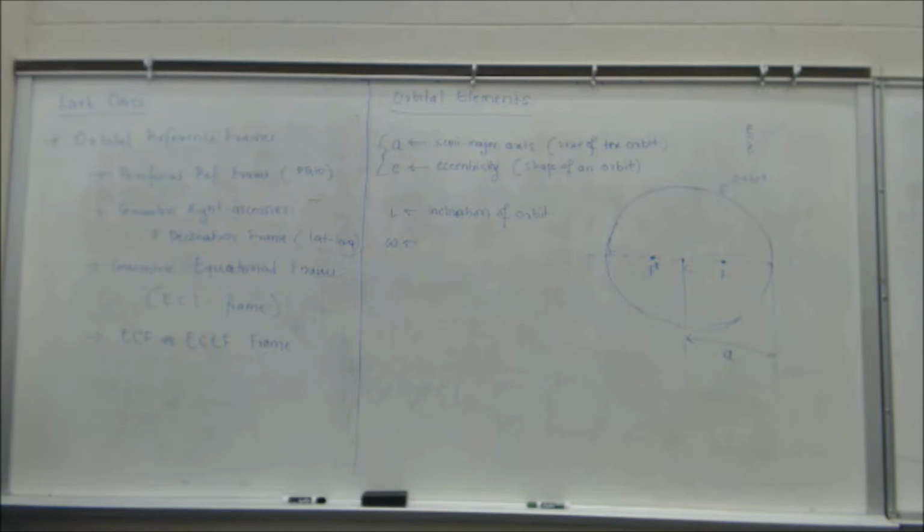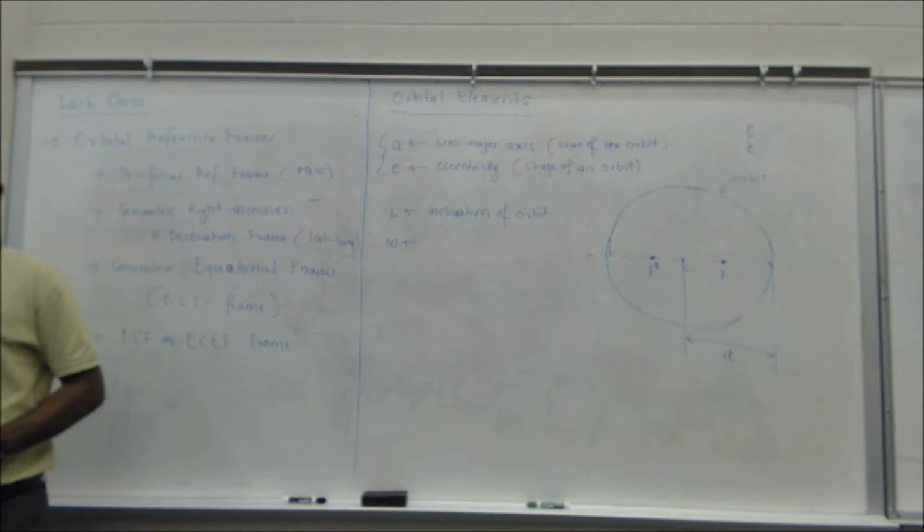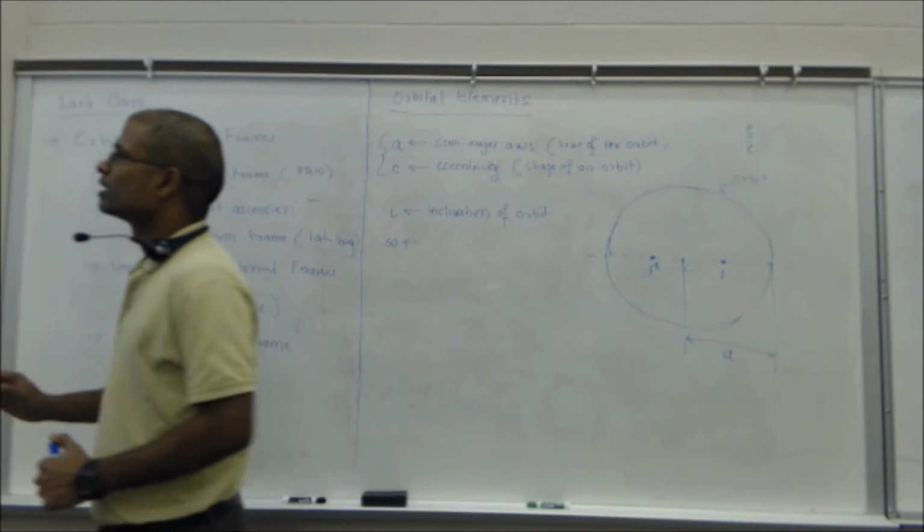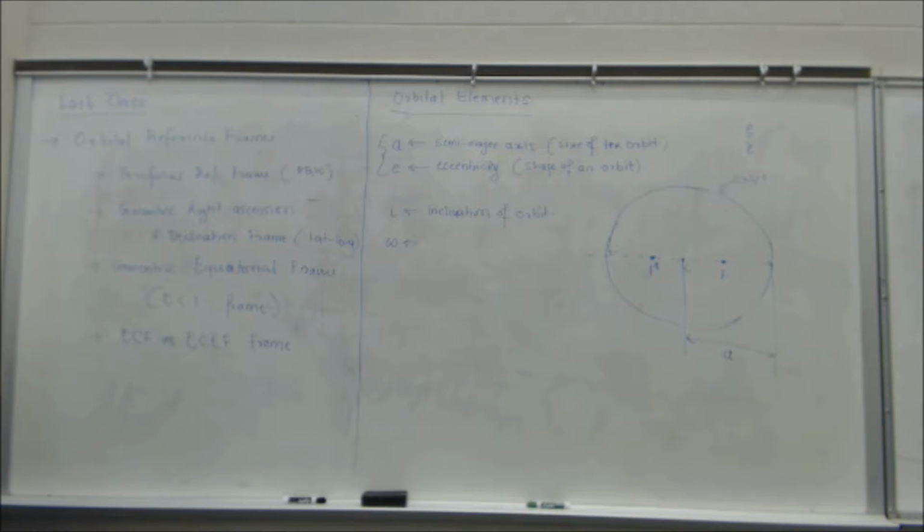You call this the ascending node. Why is this direction the ascending? There is an ascending direction and a descending direction, okay? So this red line is the ascending direction. Why is it ascending?